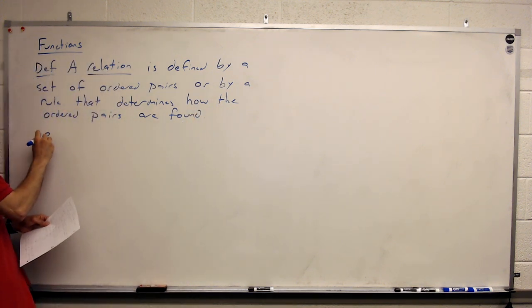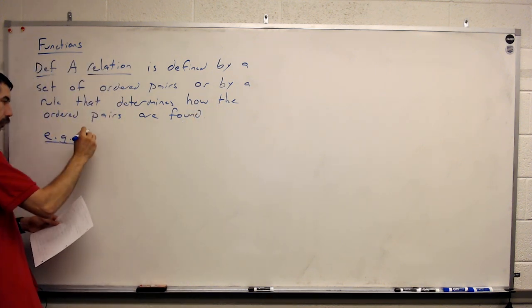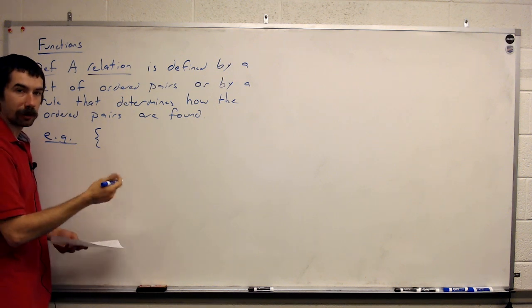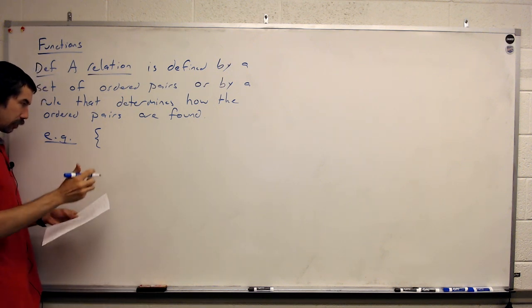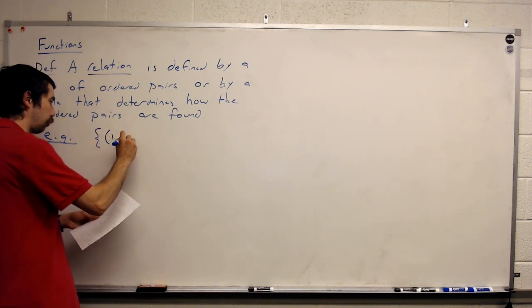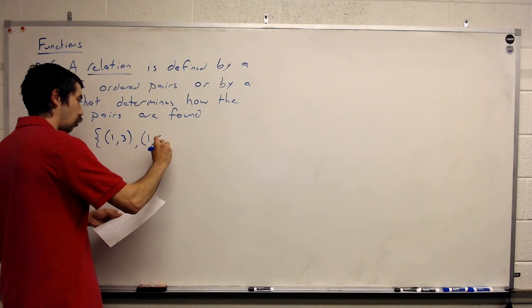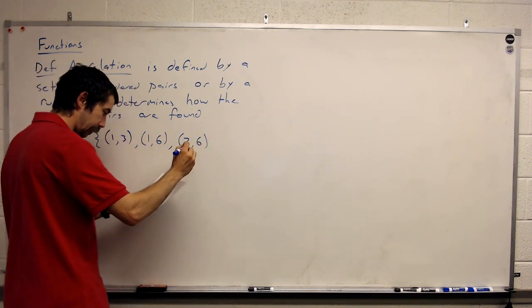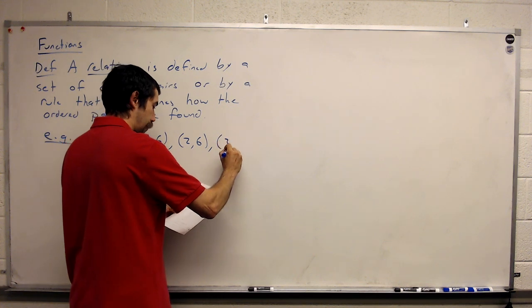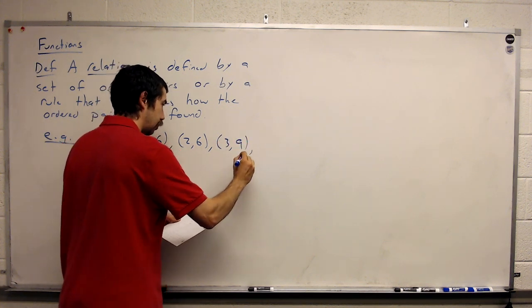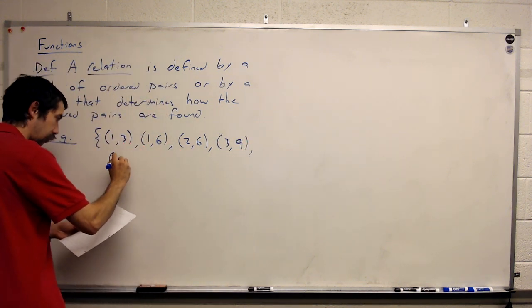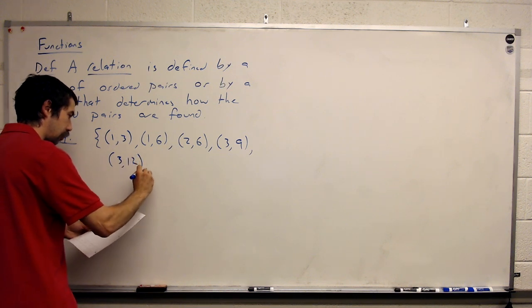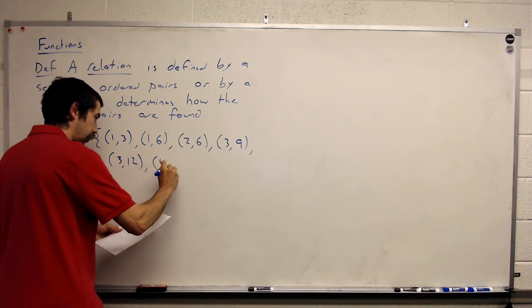Okay, so for example, suppose I have the following set of ordered pairs: (1, 3), (1, 6), (2, 6), (3, 9), (3, 12), and (4, 12).